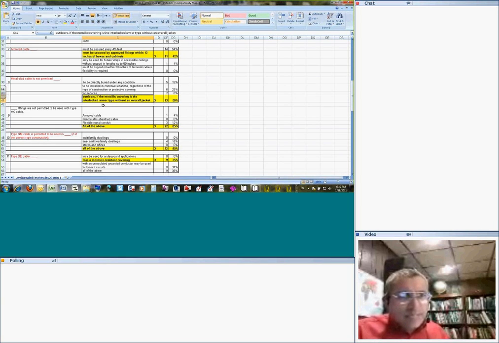Look at the covering is interlocked armor type without an overall jacket. If it's outdoor, it has to be wet location rated. So you have the overall jacket like watertight conduit and so forth. So that's basically one based on the application.